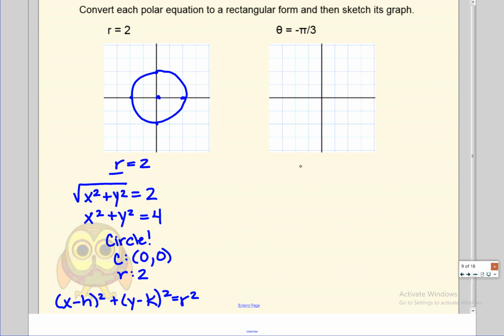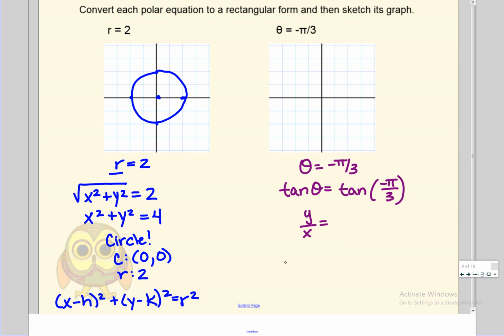So the first thing I'm going to do with theta equals negative pi over 3 is take the tangent of both sides so I can use that formula. And again, tangent is equal to, from your unit circle, y over x. Okay, so that gives me my rectangular piece.